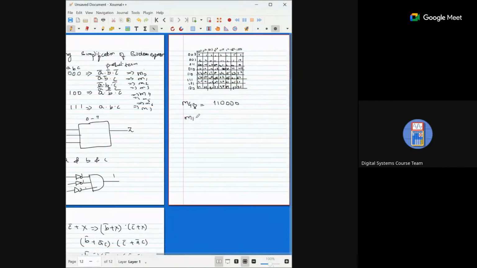Then what is M16, which is equal to 010000? Then M40, which is equal to 101000. Am I right? M56 is equal to 111000. 47, I forgot.